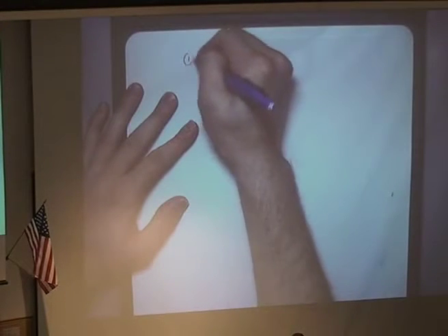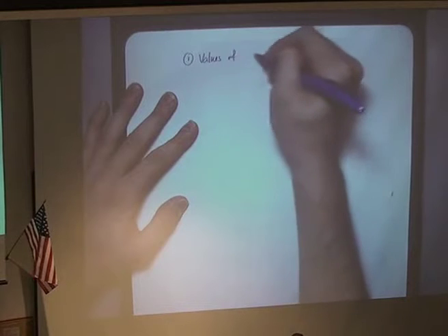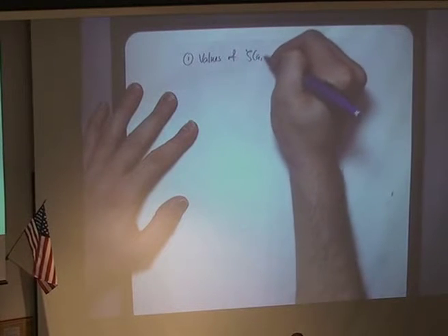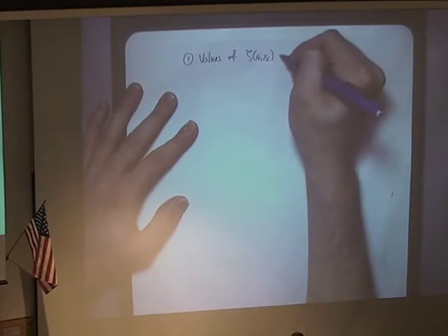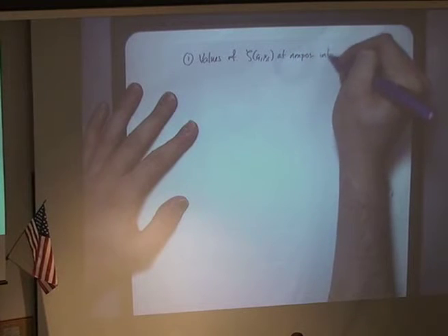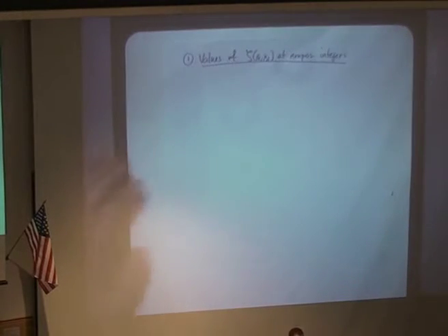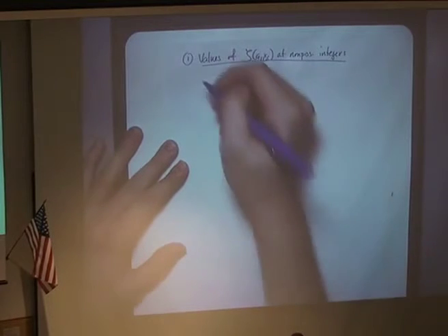So let me discuss the values of zeta of A, x, s at non-positive integers. And the technique we use to get formulas for these values is just residue calculus and this integral representation.